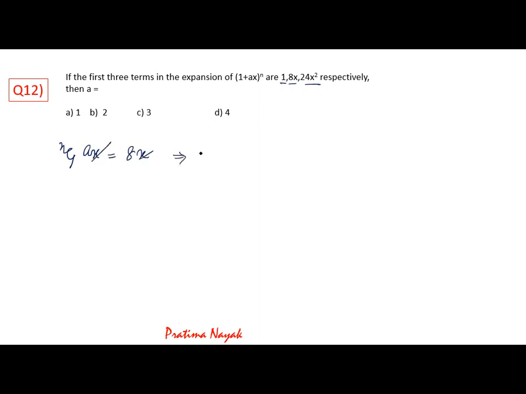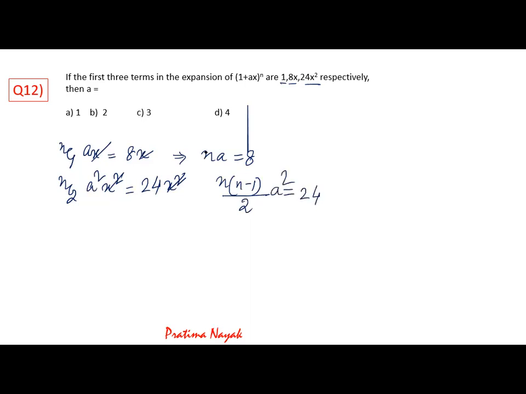So this gives you na is equal to 8. Coming to the third term, NC2 a square x square is equal to 24x square, cancel. NC2 is n into n minus 1 by 2. That is a square is equal to 24.